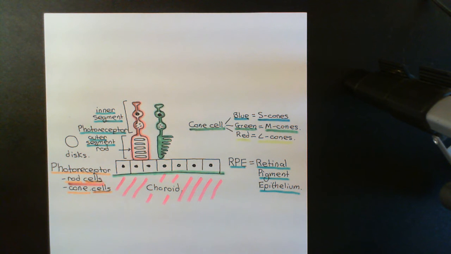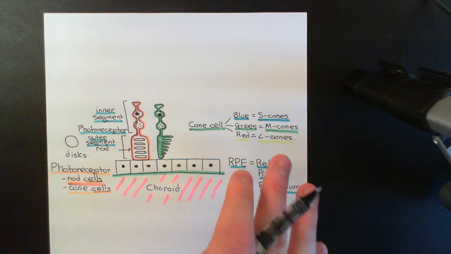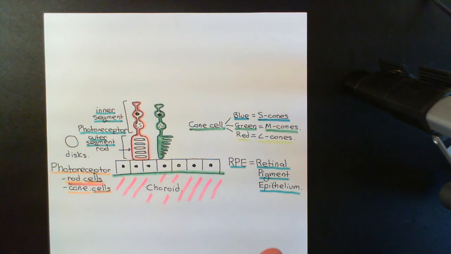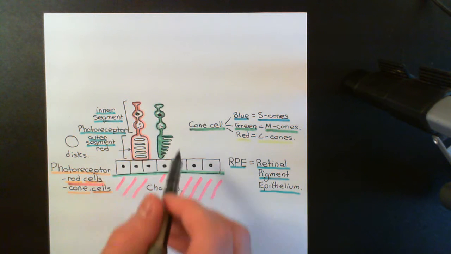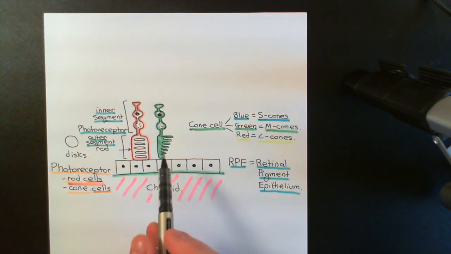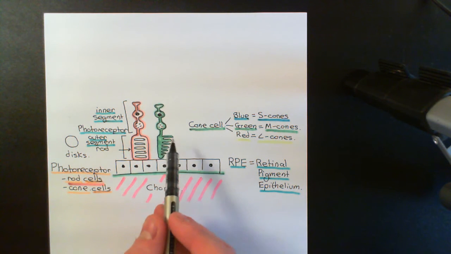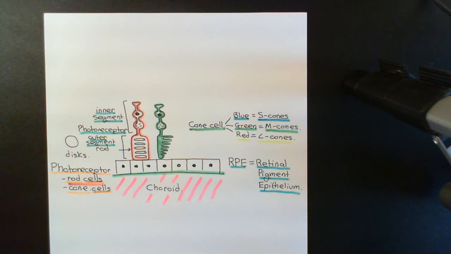So, overall, dotted around the retina, you're going to have these 3 different types of cones: blue cones, green cones, and red cones, or S cones, M cones, and L cones. And they differ not in their appearance, they all look like this, but they differ in the type of photoreceptor that they have in their membranes, and what wavelength of light that is particularly good at absorbing and responding to. Okay, and we'll come back to how the cone cells are going to actually be useful in giving us information about the colour of the light that we're actually seeing later on.